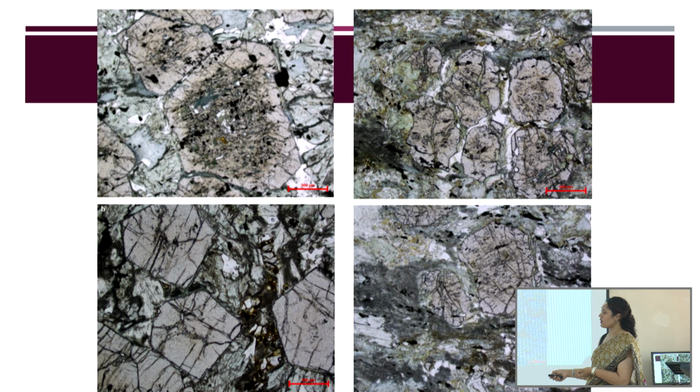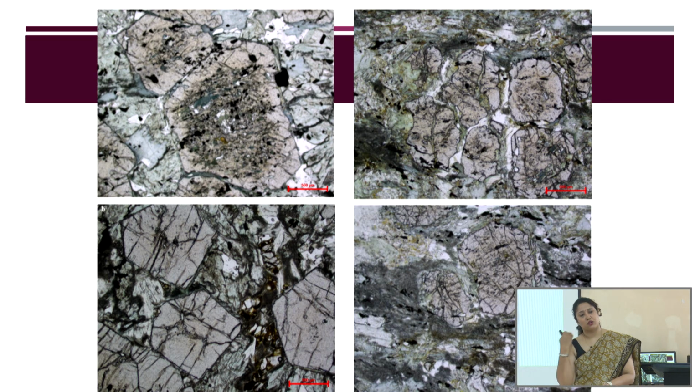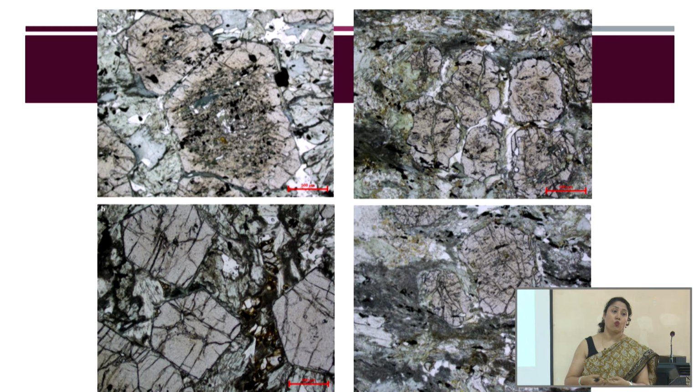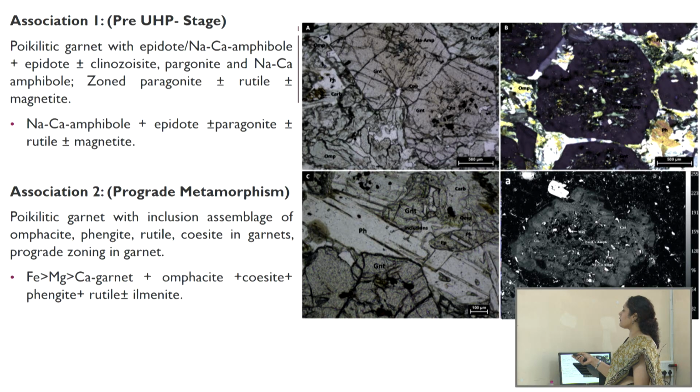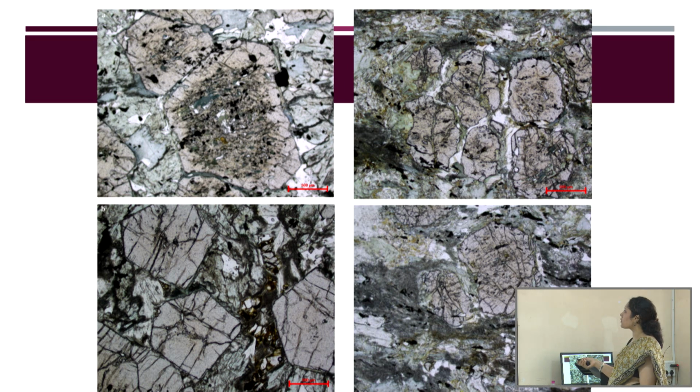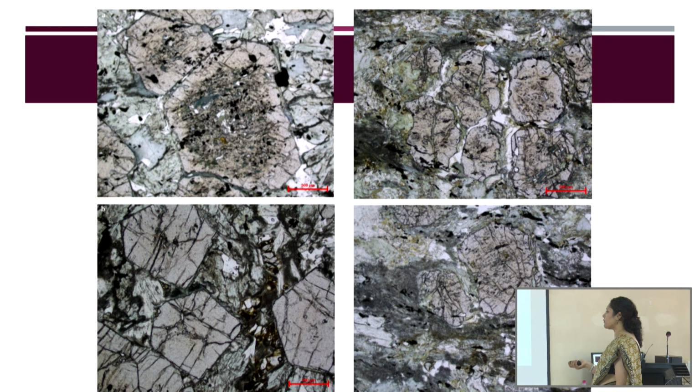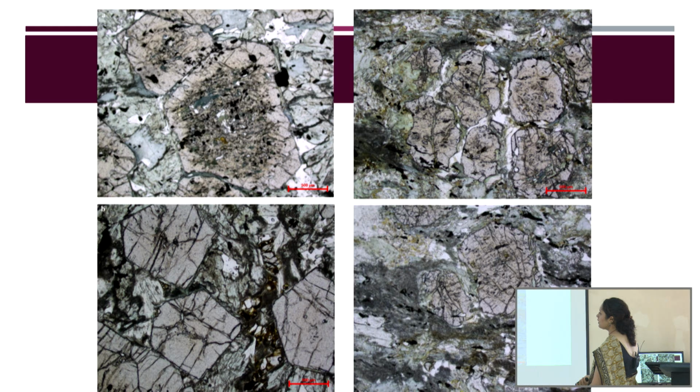You can see they are characterized by the typical radial cracks, and those are nothing but expansion cracks because during exhumation the volume increases, so it cracks the host mineral. These are of course garnets which have been retrograded to chlorite along cracks, and they are more rounded, and they are not as idioblastic as the UHP signatures.